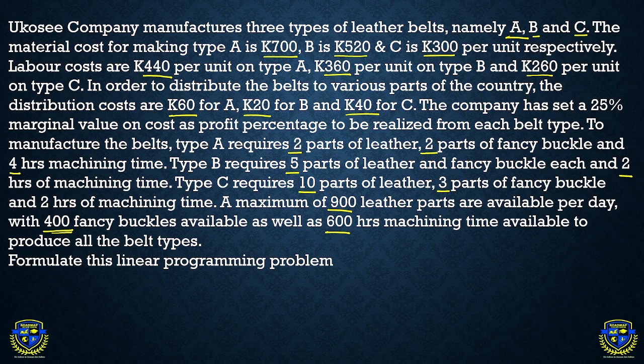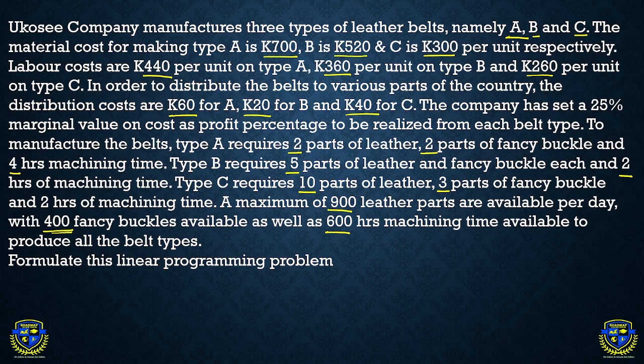But now, in this case, we're going to maximize our profit because we've been told that 25% of the marginal value on cost is being described as the profit to be realized from each belt type.